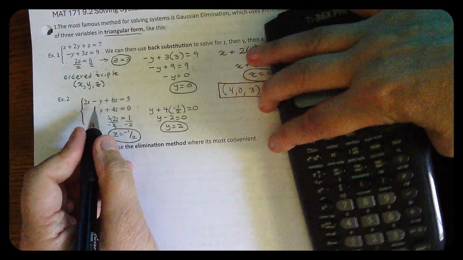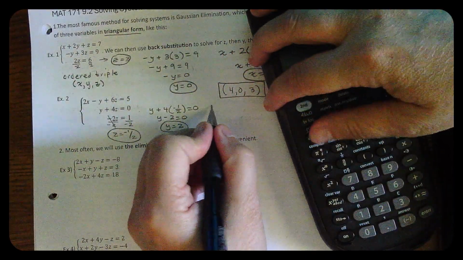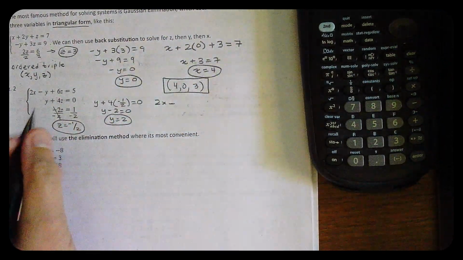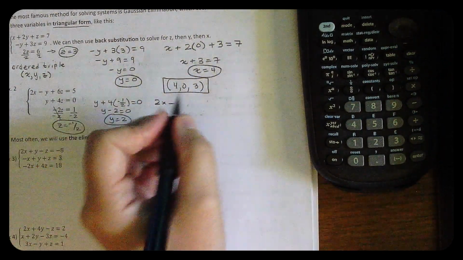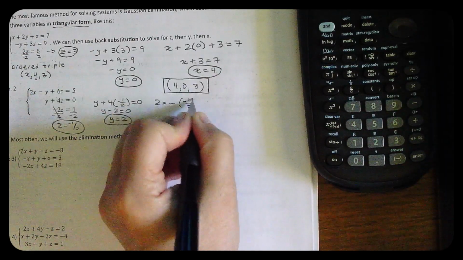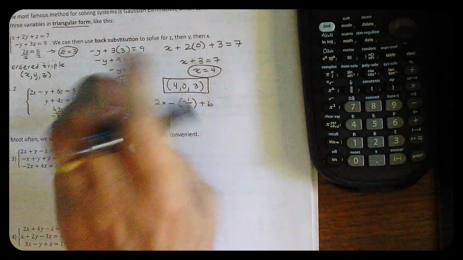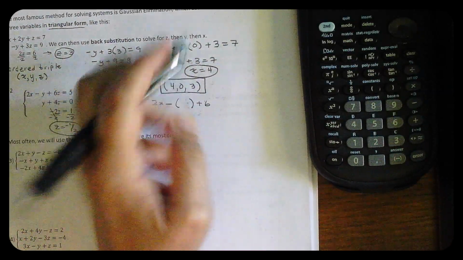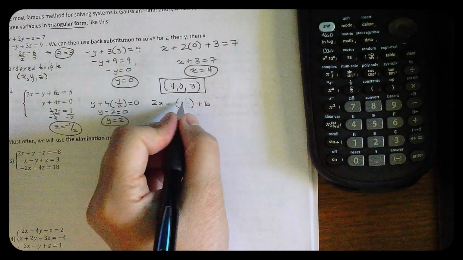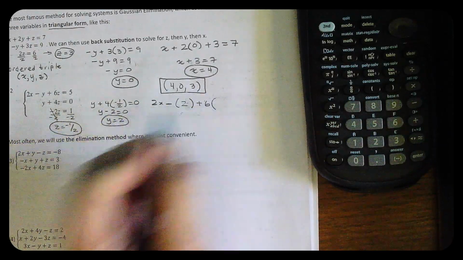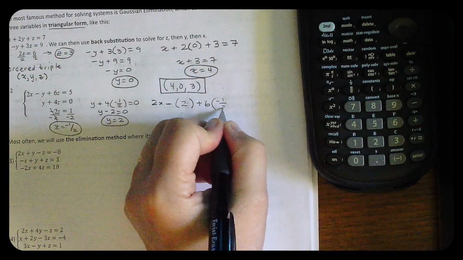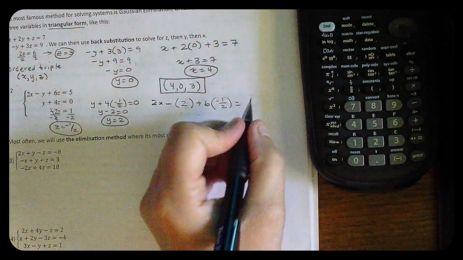And then we can go to the equation that has three unknowns to find out what x is. So that's 2x minus y, which is 2, plus 6 times z, which is negative 1/2, equals 5.